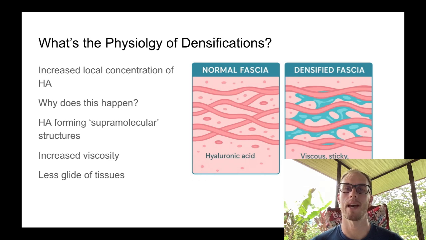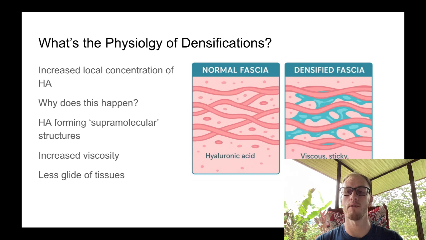When hyaluronic acid accumulates, it builds up in a very focal area, in a specific spot, and normally hyaluronic acid draws with it a lot of water, huge volumes of water actually.